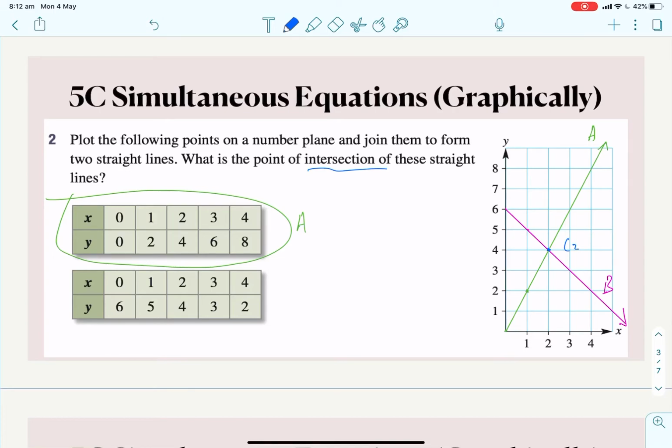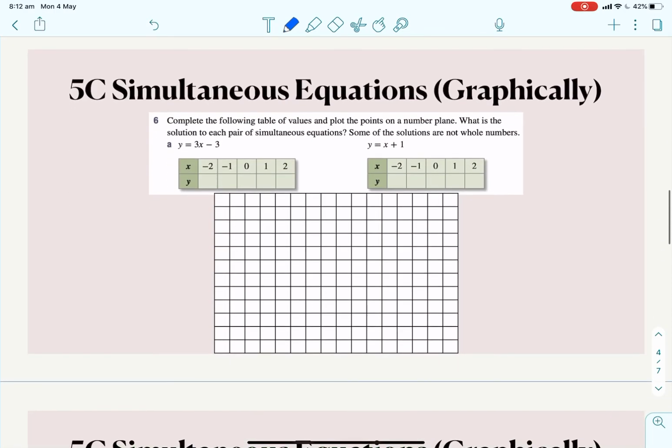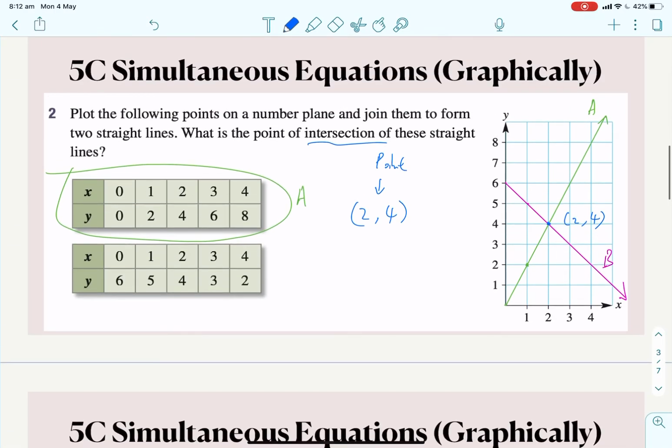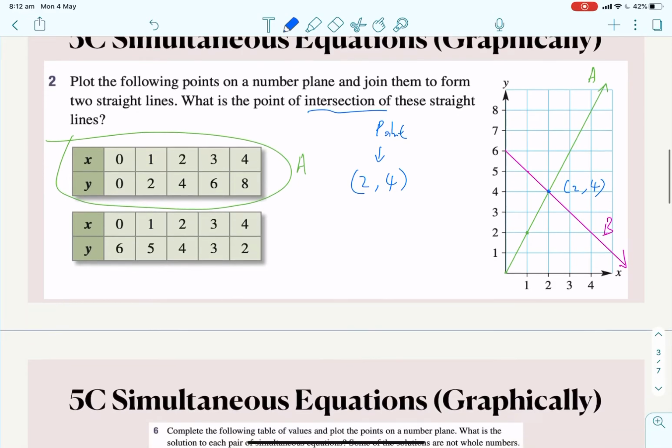It's 2 and 4. Make sure you write 2, 4 in brackets, which indicates it's a point. When they ask for the solution, I'll show you in the next question how to write the answer. If you get this one, that one should be easy too.